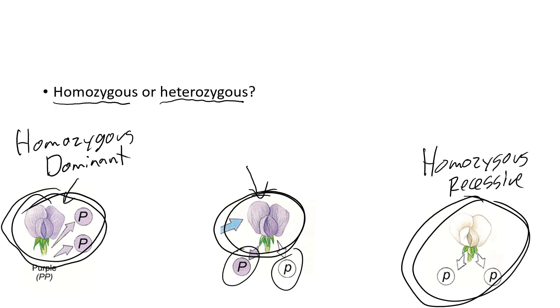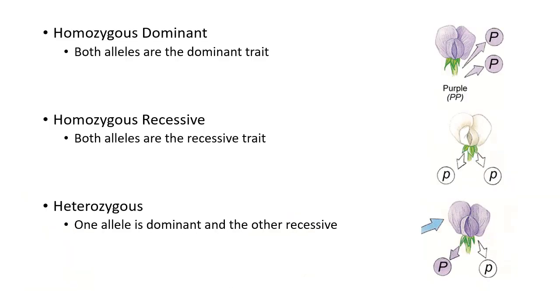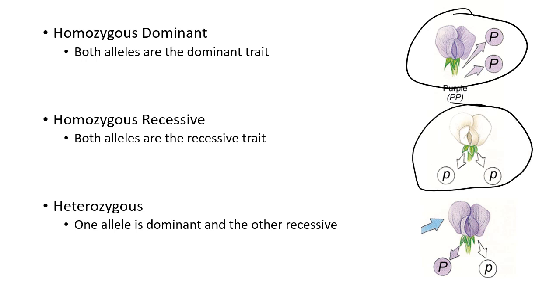This one is just heterozygous. So again, homozygous dominant, 2 of the same alleles, and they're also dominant. Homozygous recessive, 2 of the same allele, but they happen to be recessive. And then heterozygous.